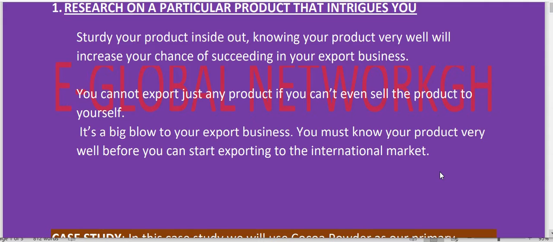So let's say you are dealing with melon seeds, that I think in Ghana is called rare, and in Nigeria is called egusi. I don't know the name they call it in Kenya though.